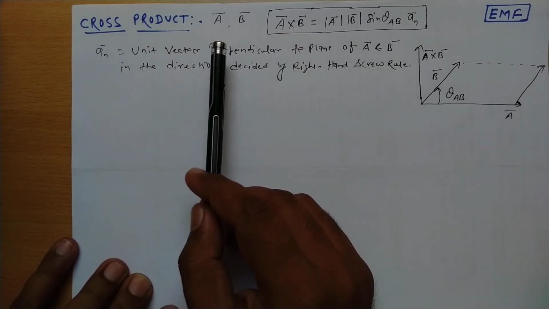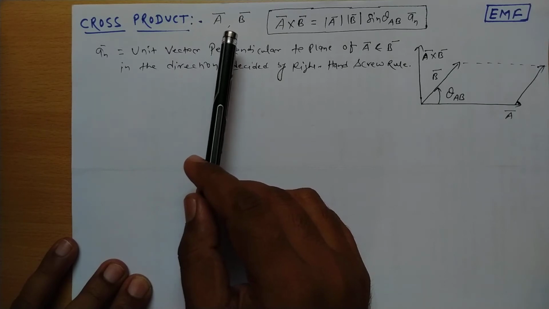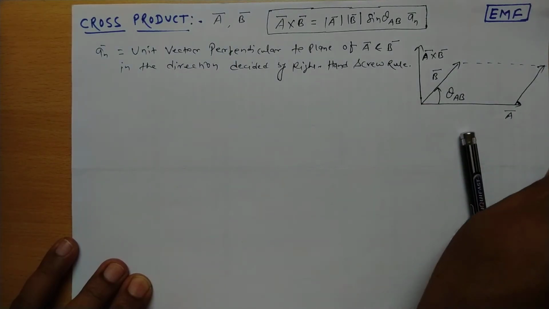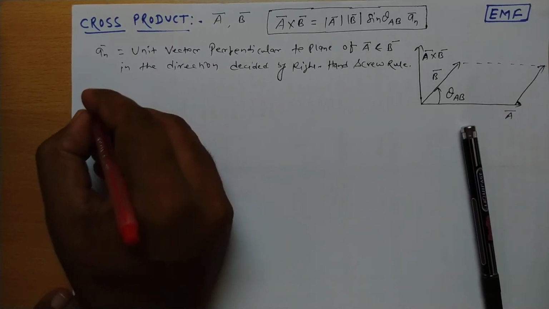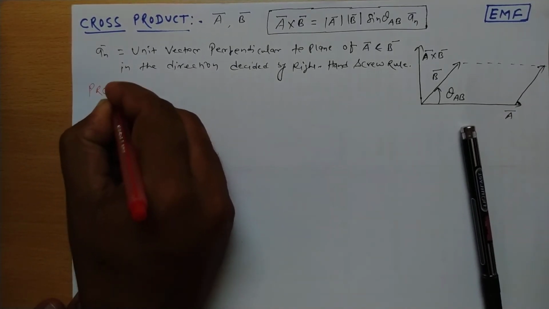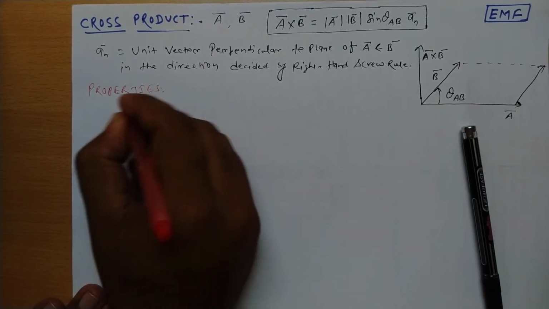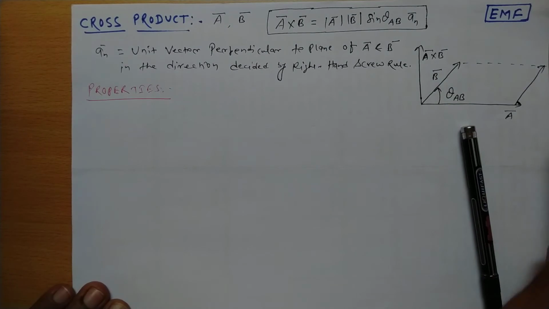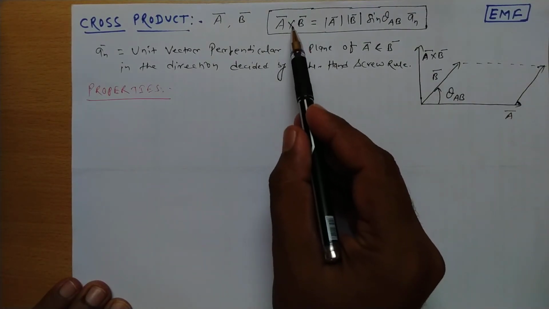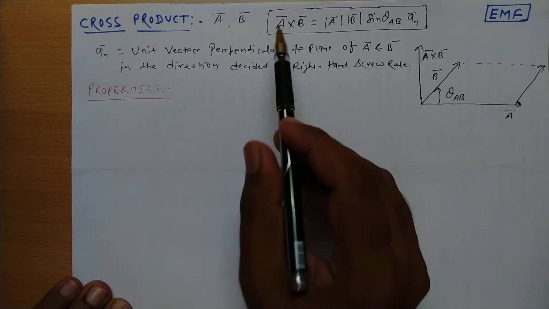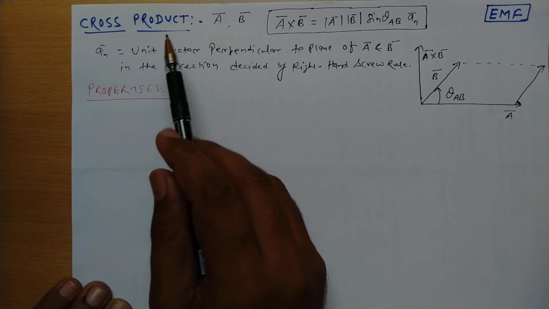And next we'll see, this is very important, the properties of the cross product. Also one more thing: because we are putting this cross here, that's why this vector product is also known as the cross product, right?